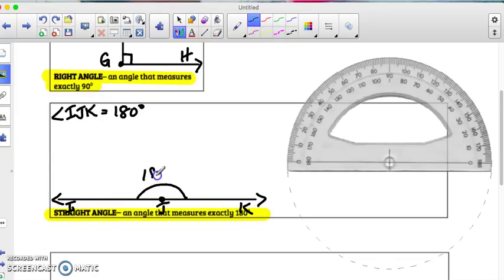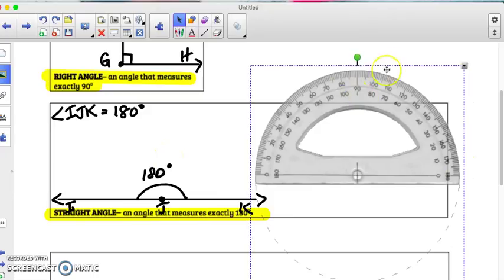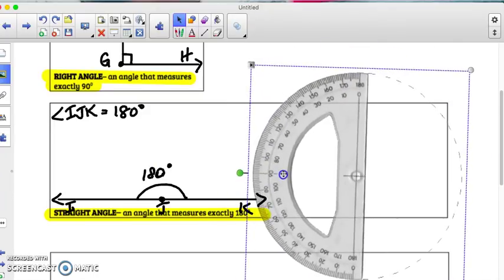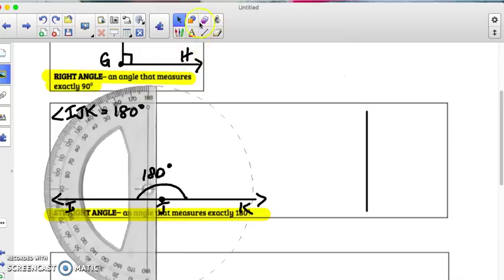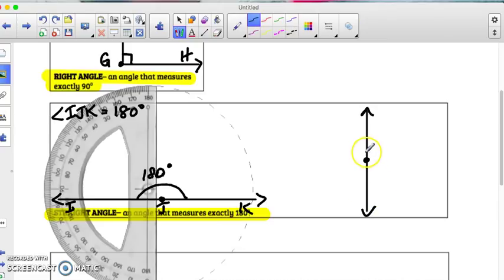And that's 180 degrees. You can also have your straight angle drawn vertically like this, and that's totally fine. So again, straight angle there, so long as it's a straight line, you're good. But make sure you have all the markings you need. And it doesn't matter which way you drop the curved line because either side is 180 degrees.